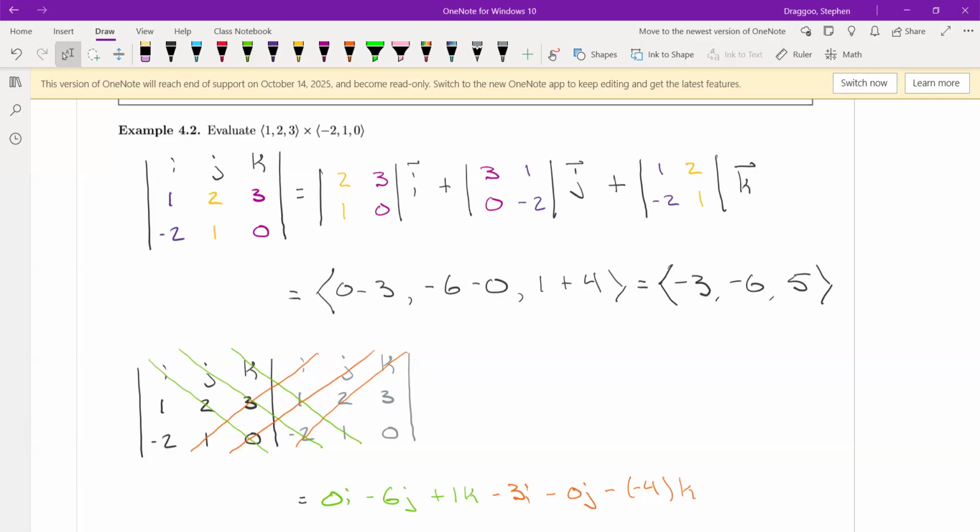Right, with purple being the ones that are in the X component, and those purple numbers did not contribute to that -3 in any way. Right, so I got the I part from up at the top, meaning it's going to the I position in the resulting vector, but not any of the purple numbers. It was all built up of yellow and magenta.